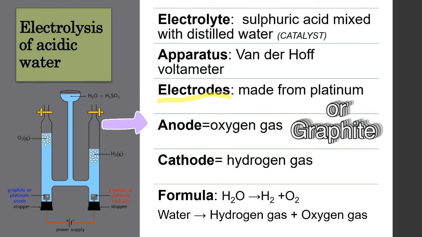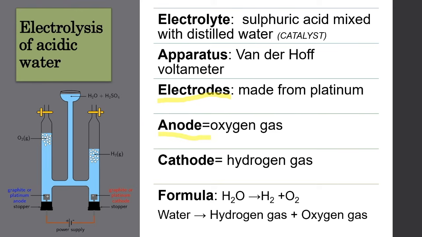At our anode, we will have the gathering of oxygen gas, and at our cathode, there will be the gathering of hydrogen gas. The formula for this electrolysis experiment is H2O will give us H2 plus O2, both in the form of gas, and our word equation will be water will give us hydrogen gas and oxygen gas.